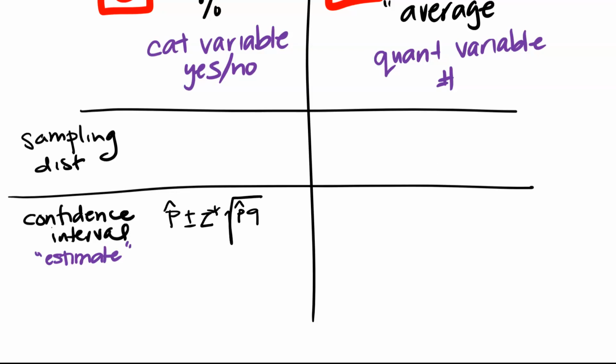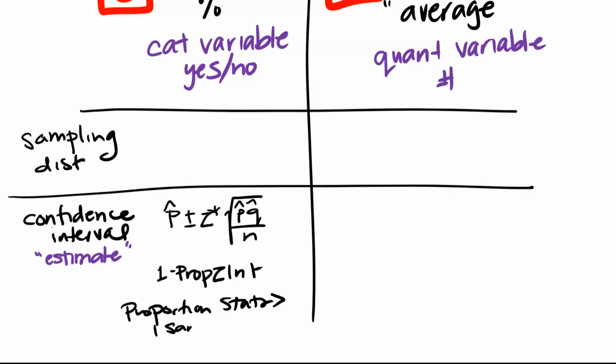Or you could be a calculator person and you could be reminding yourself that this is one prop z interval. Or if you're into StatCrunch, you could be writing down that this is going to be proportion stats, one sample with summary. Any one of those.